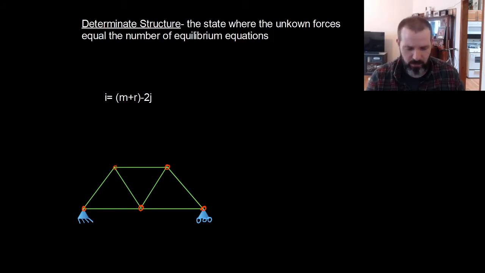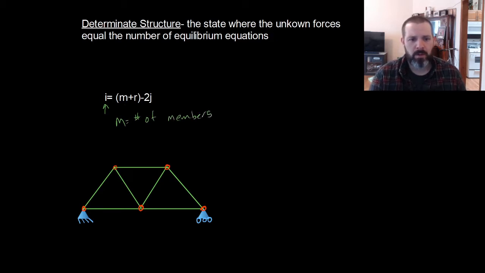I, for indeterminate, is equal to m, which is the number of members, plus r, the number of reactions, minus 2j, where j is the number of joints.